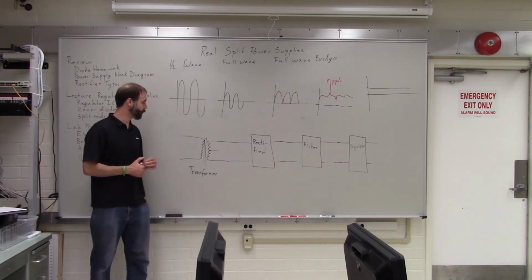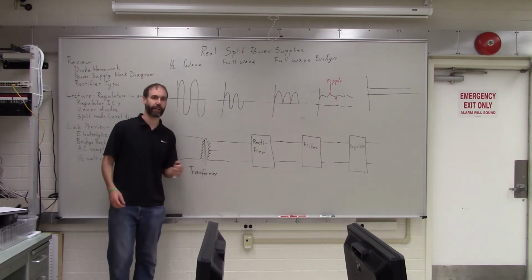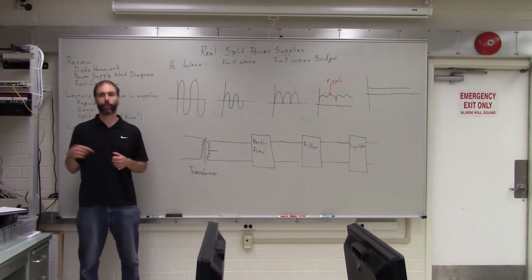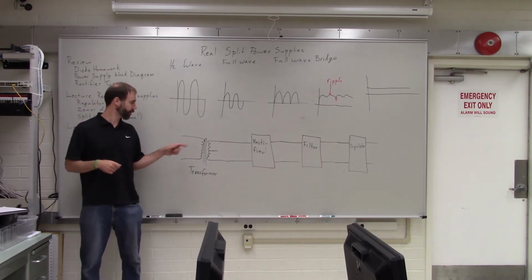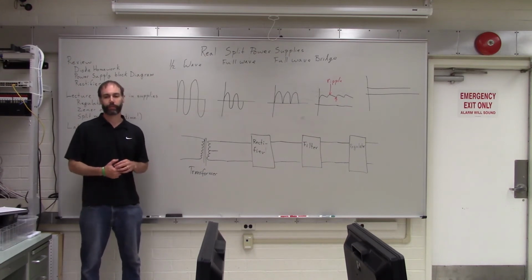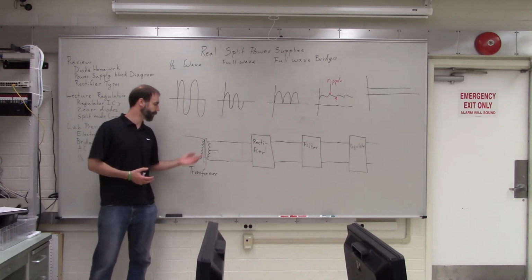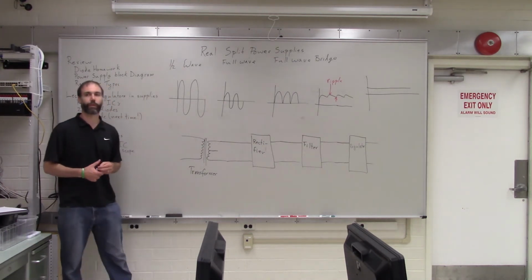And so that's kind of a drawback because it turns out it's a little bit difficult to make transformers like that. You have to wind up the wire and then go back and scrape off some insulation and solder on a new wire. So that takes a little bit of time, and time is money, right? So transformers that have a center tap are a bit more expensive than normal transformers.